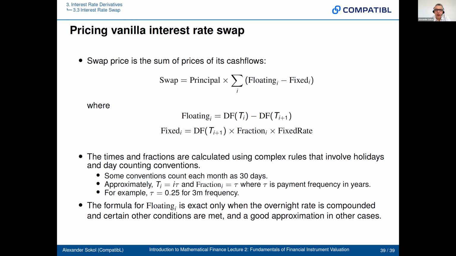So sometimes the overnight rate is not observed in the last 2 days of the 3-month period. If we ignore all of that, then there's the expression, and only if it's compounded. When it's not compounded but averaged, in other words, the interest is collected but not reinvested, it will be slightly different, but not very different. Again, typically this difference is just a few percent.